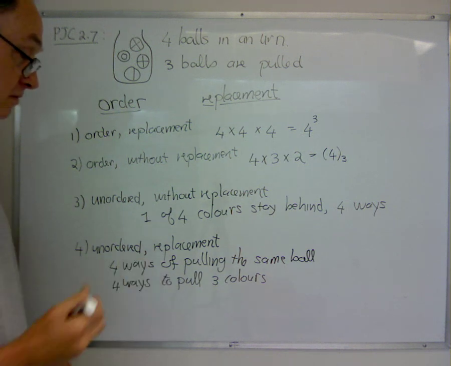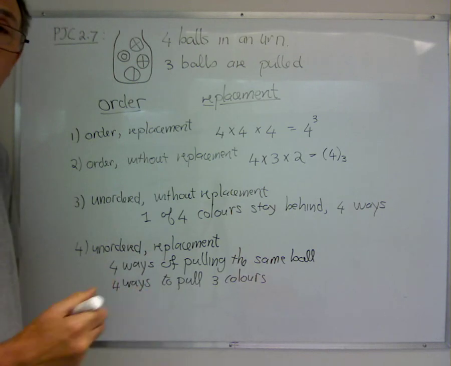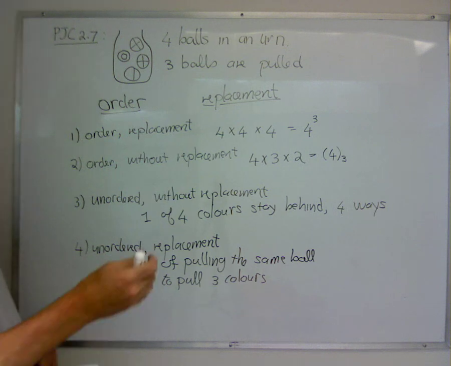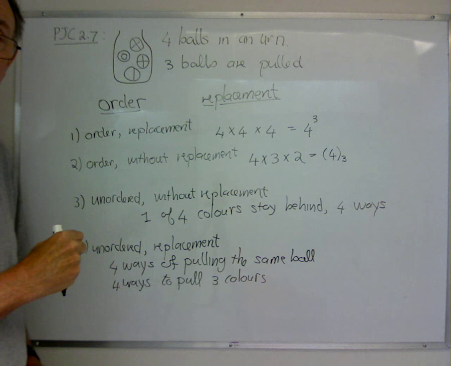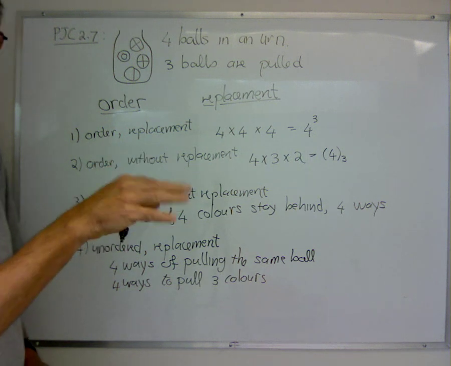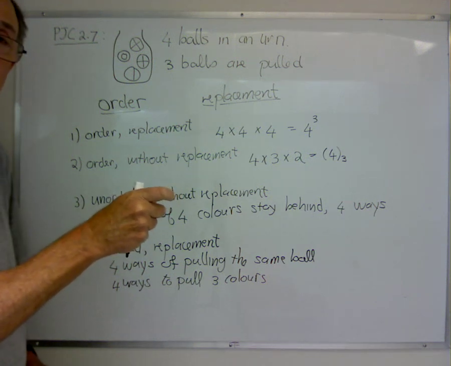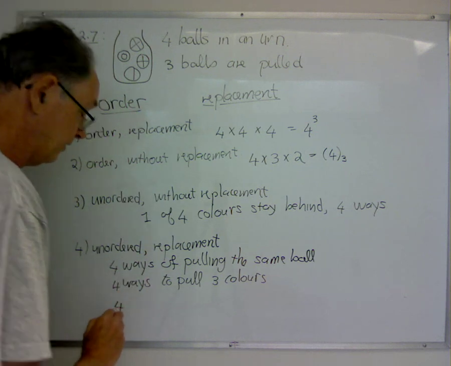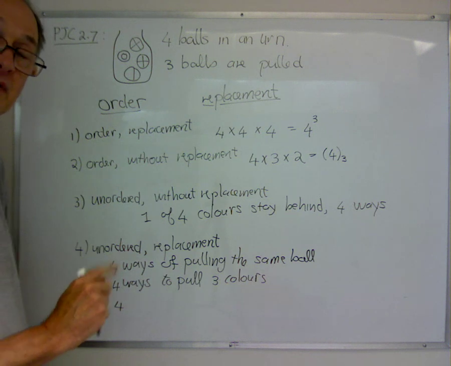Now you have to consider the case where 2 of the balls have the same color and the third ball has a different color, right? So, for example, you pull 2 blues and a green. Now you have a pair and a single. The total number of different ways the pair can appear is one of 4 colors, so there are 4 ways for the pair, for 2 balls of the same color, because you have 4 colors.